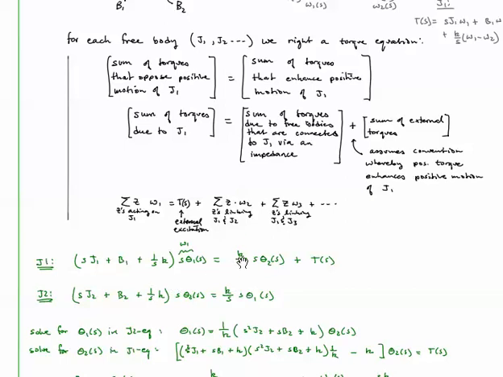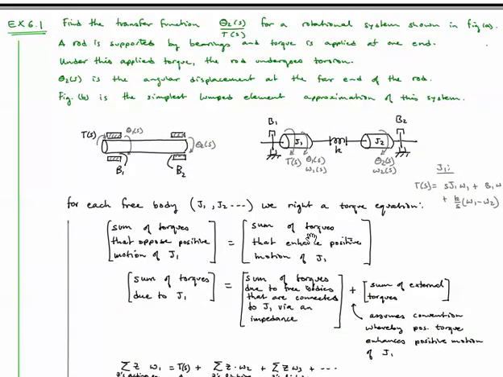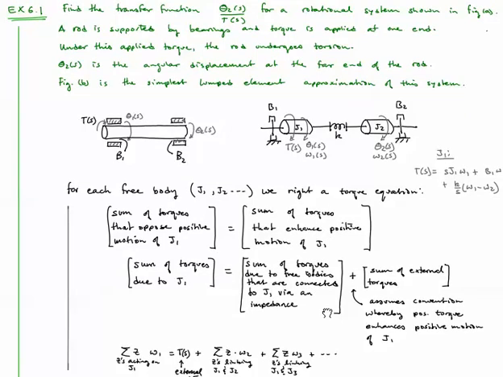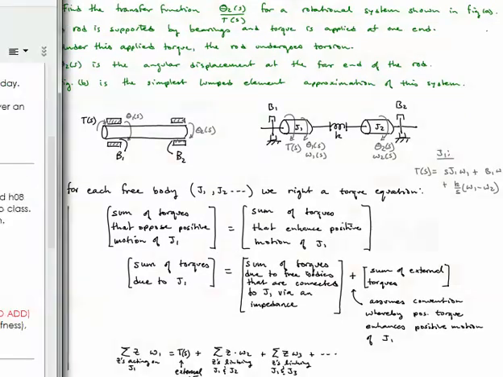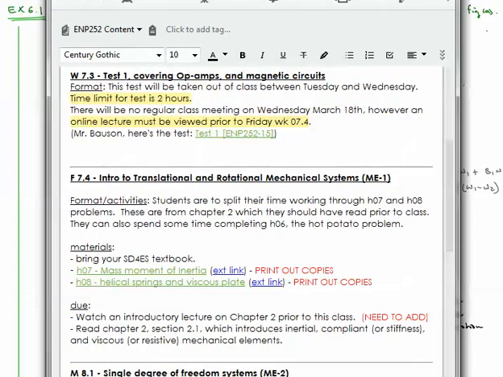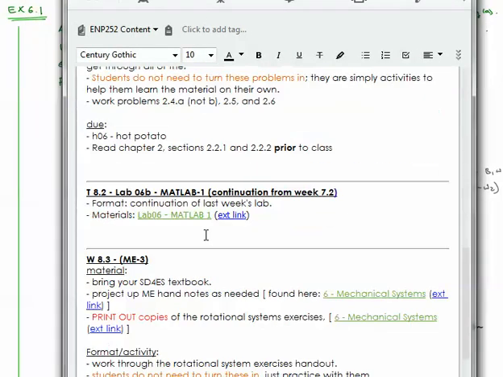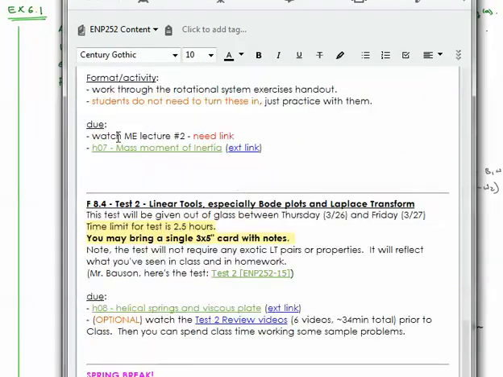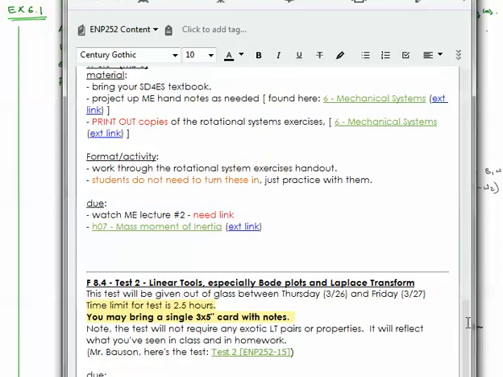Just as an FYI, before you get to that class, let's pull that up and see which day that is. Yes, on 8/3.